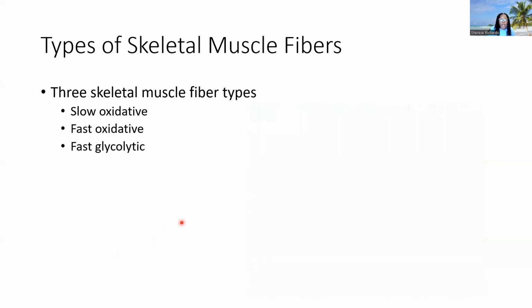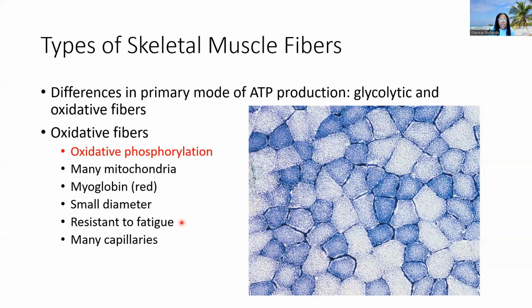Okay. We are going to move into the 3 types next time we meet, but I want to end off on this note. I want to just draw 2 parallels. So think about your oxidative phosphorylation. Think about a long distance runner, right? When we think about those long distance runners in the Olympics or even marathon runners, they are going to have a lot of this type of muscle.